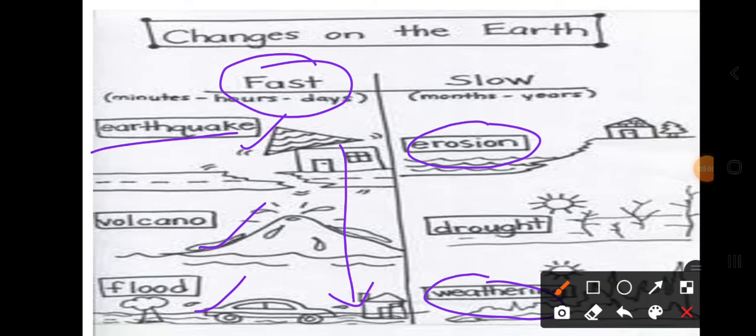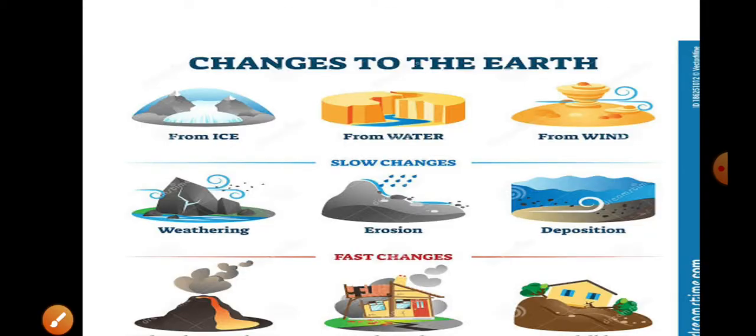Drought conditions are also a slow change, because there should be no rainfall, and the soil should lose its water absorbing capacity. All these things take some years. So drought is also a very slow change that we observe in nature.